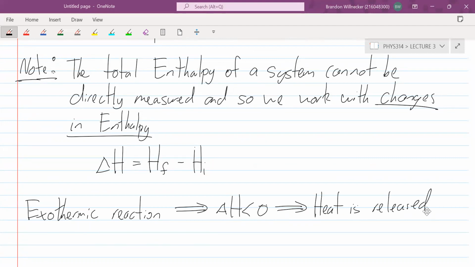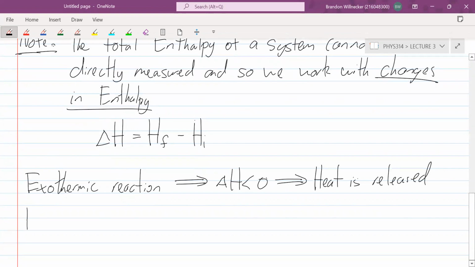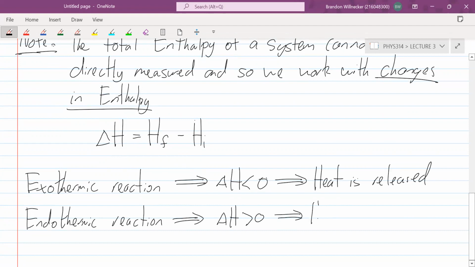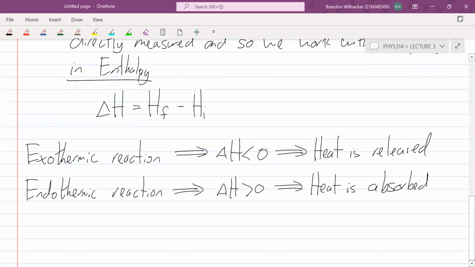The thing gets hot, heat is released. It is an endothermic reaction when delta H is greater than 0, and in this case, heat is absorbed. Heat from the surroundings moves into the chemical reaction. So that's the difference between exo and endo.